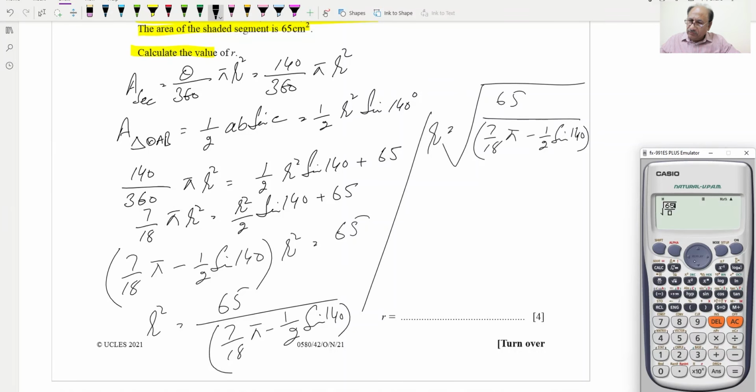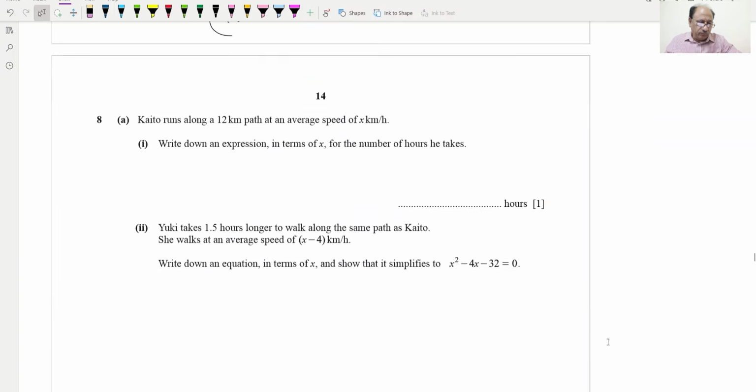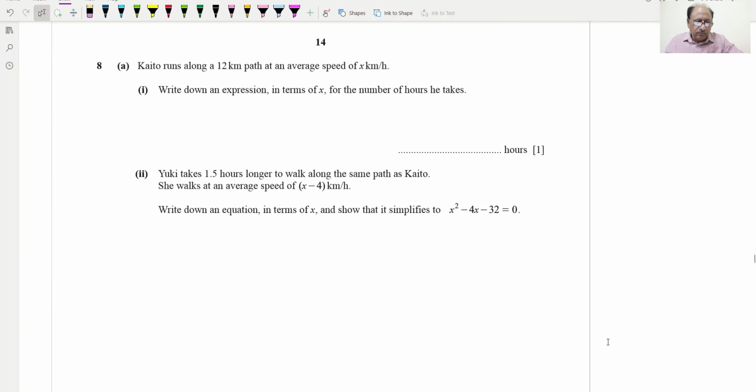So this will be 65 over bracket 7 over 18 pi, minus 0.5 sine of 140, bracket close and bracket close, and this is giving us 8.49, or we can round to 8.5. This will be the final answer for more marks. Hopefully you understood this. Now question number 8.